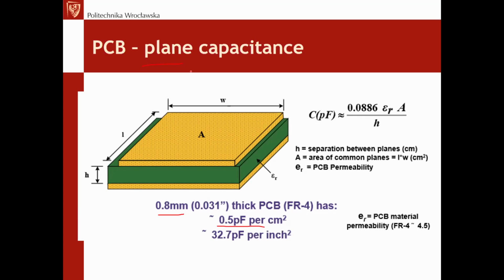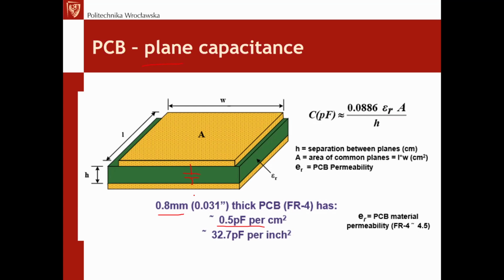But the plane capacitance, the capacitance of the PCB or the capacitance between the layers, starts to play a role, and it is used for filtering out the noises. As will be shown later in a few slides, we are using this capacitance to decouple signals between themselves.